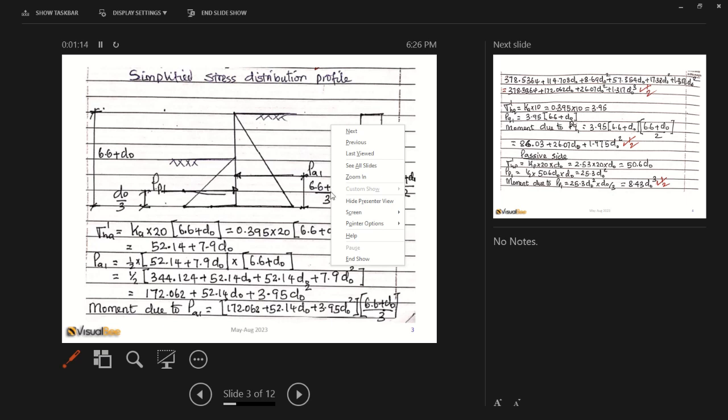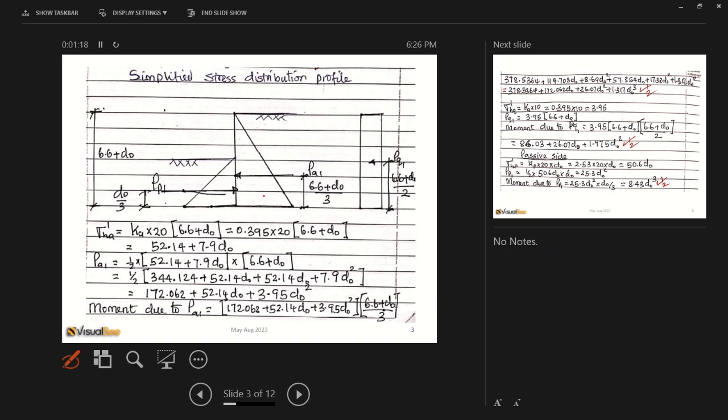It's crucial to know how to determine this value. So this value is 0.395 times 20 times the height, which is 6.6 plus d naught.